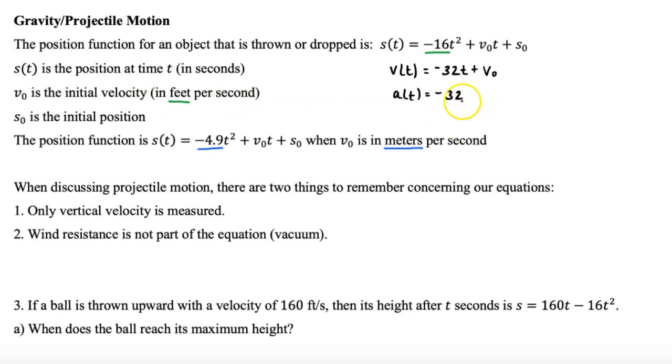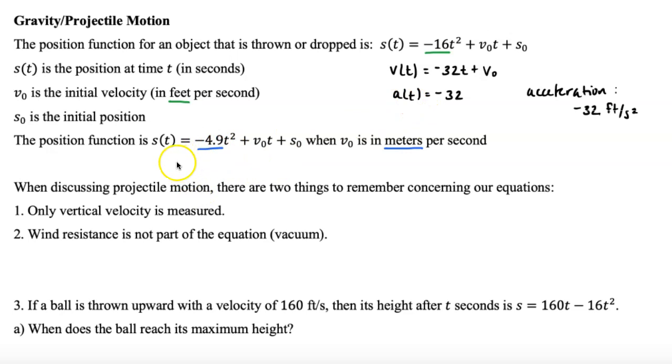In feet per second, I have the acceleration due to gravity of negative 32 feet per second squared when I'm working in feet. In the same way, if I can imagine that I took the derivative of this position function and then I took the derivative again, can I see how this 2 would be multiplied by negative 4.9 to give me negative 9.8?